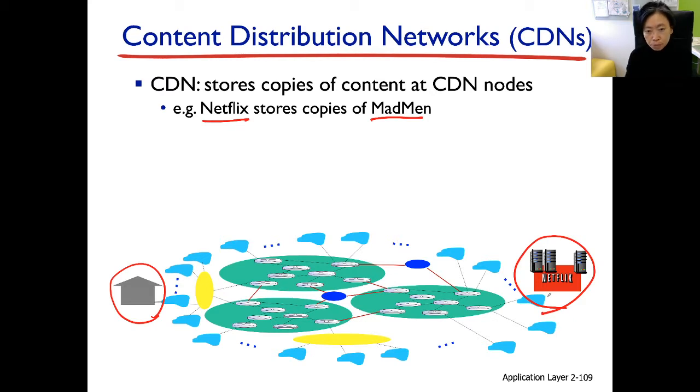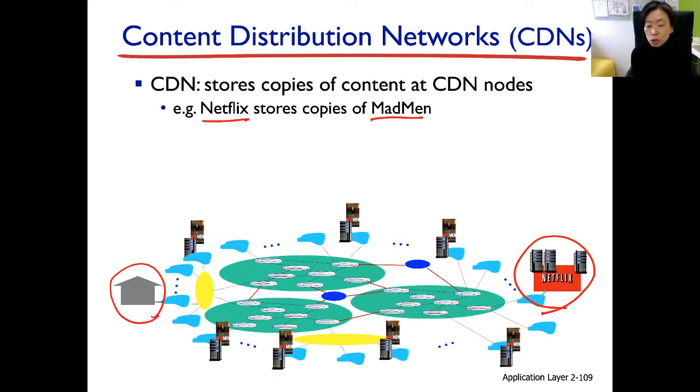The CDN, the content distribution network that Netflix subscribes to, will be allocating a number of physical machines worldwide and storing copies of the content.